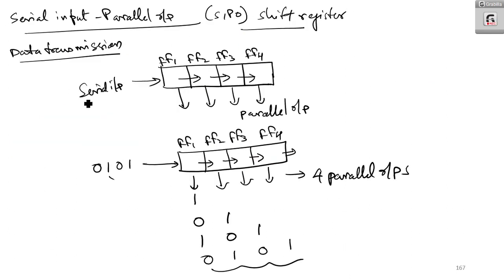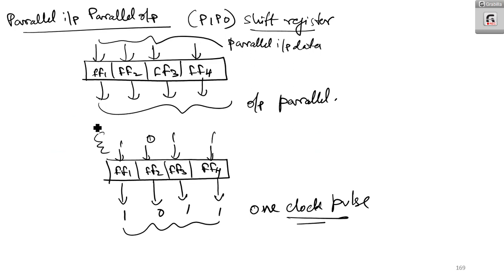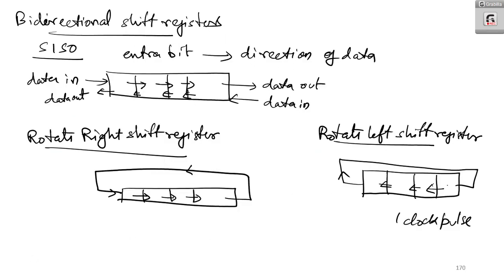Second type is serial input, parallel output shift register. Third type is parallel input, serial output shift register, that is PISO. I am just explaining the data transmission part only. The circuit I will explain in the next lecture. Next one is parallel input, parallel output shift register, and the last ones I have mentioned are bidirectional shift registers and rotate right and rotate left shift registers.